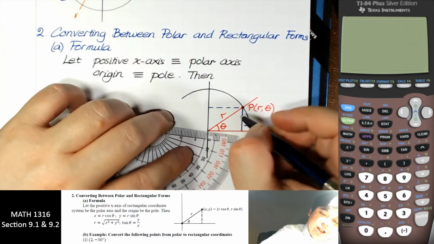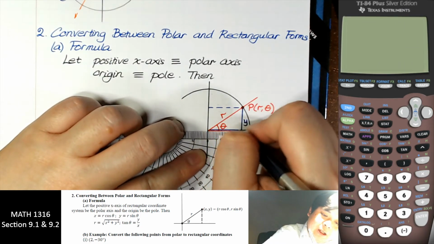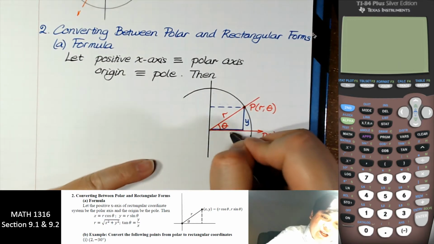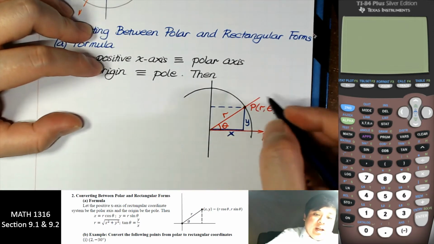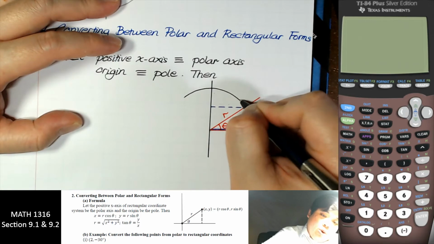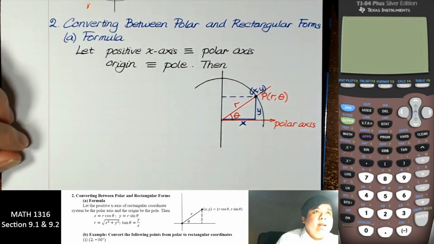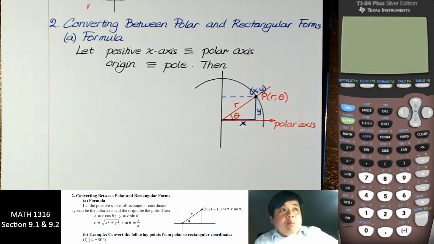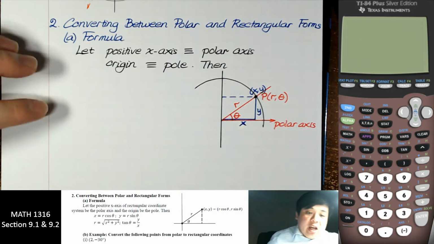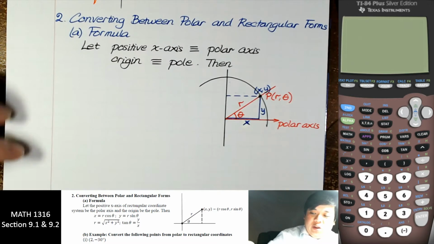And this here, that is the x value. So given with radius and the angle, we can say this point is also x and y. So x, y coordinates, both of them, the point will be the same, but just different representation.